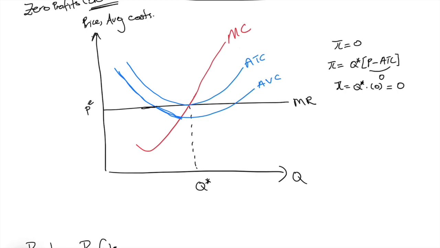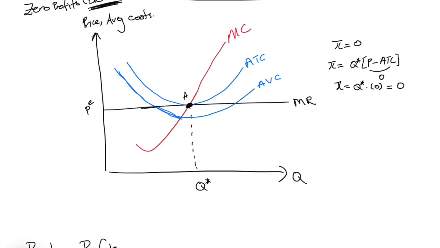Zero profit, there's another way of saying that: break even. You break even because your total revenue equals your total cost. Let's go to this graph. Well, we have the point where marginal cost intersects with marginal revenue.